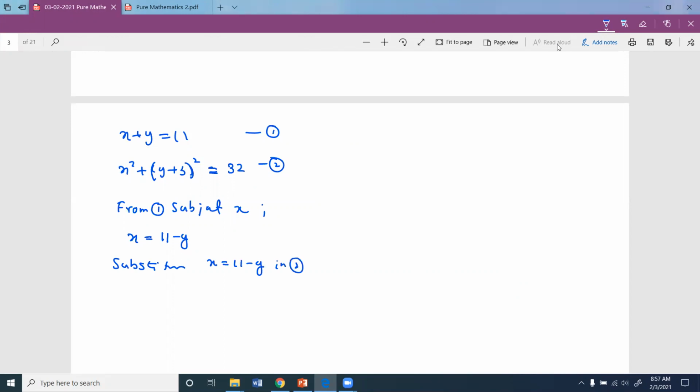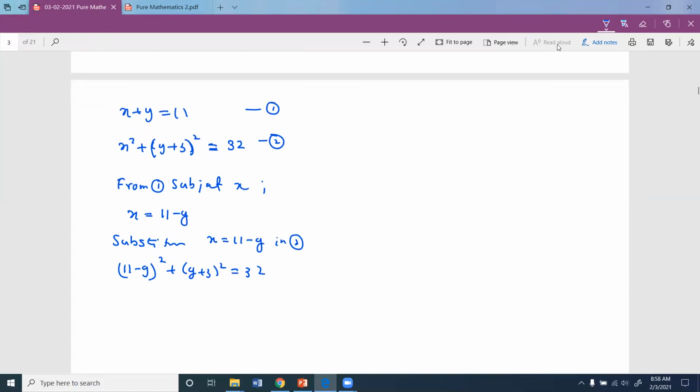Then this is (11 minus y) whole squared plus (y plus 3) whole squared equals 32. So now let's simplify this.